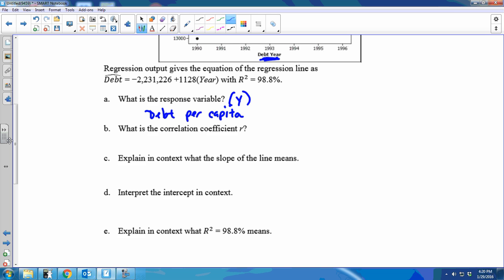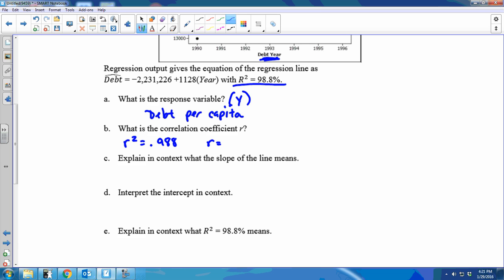What is the correlation coefficient R? Well, they've given us R squared, so we rewrite it as a decimal instead of as a percentage. R squared equals 0.988.